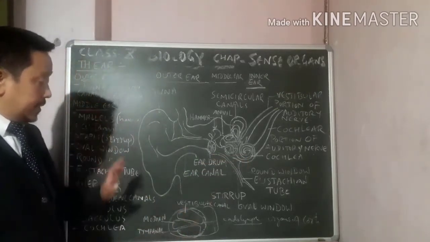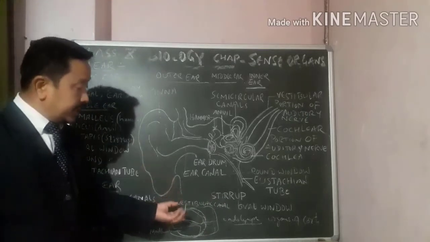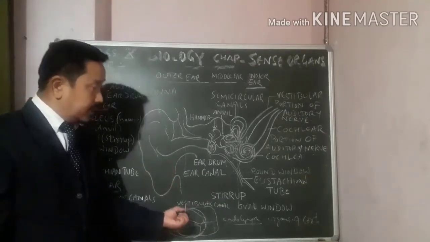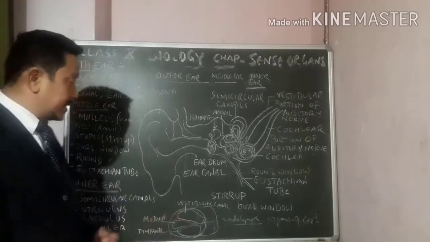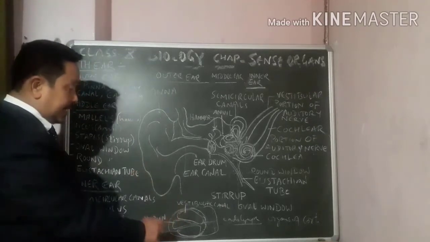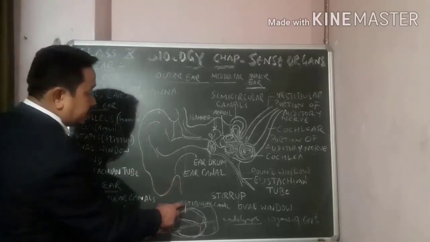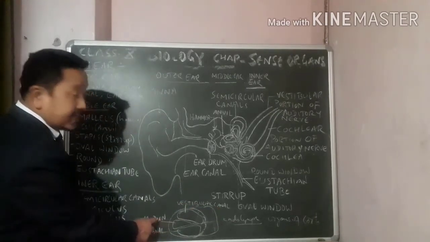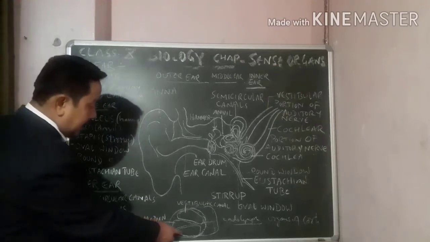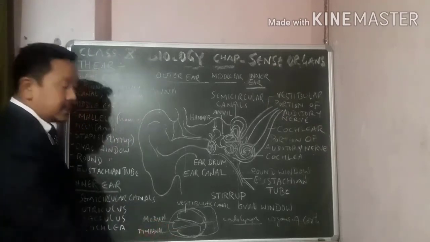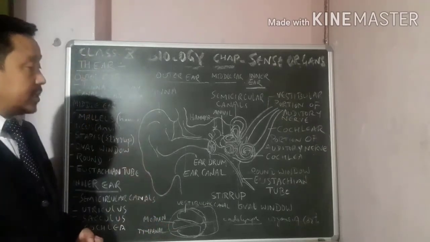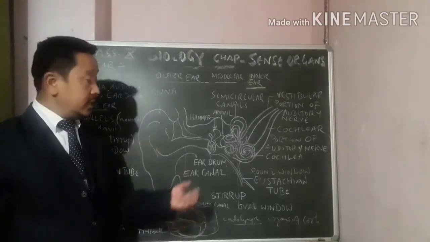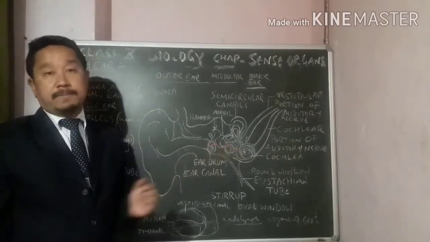And these three canals have been named like this. The upper one is your vestibular canal, the middle one is the median canal, and the last one is called the tympanal canal. So these three canals are seen internally in this cochlea.